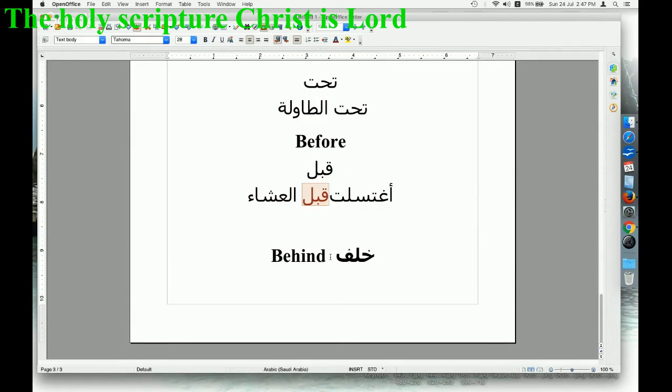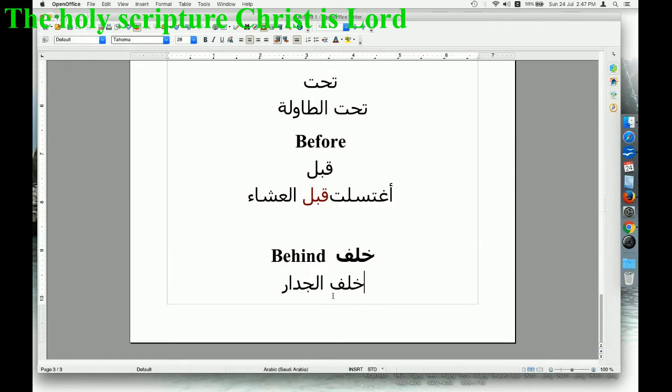You can come up with all the imagination you have, and there's nothing much I can tell you about this because it's very simple. خلف is just behind, like خلف الجدار, behind the wall. Very simple. So you can use khalf, whatever word behind me.